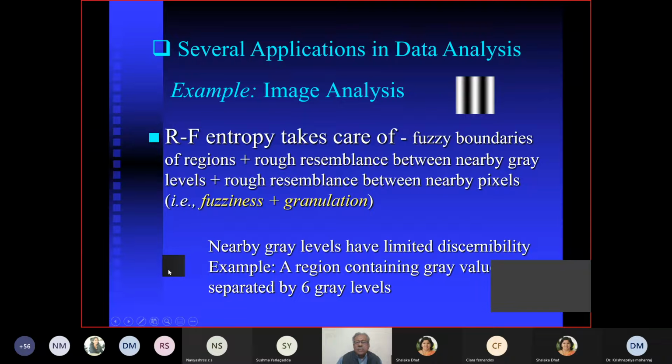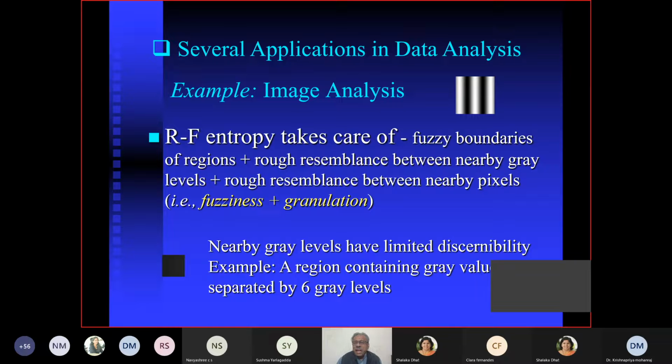Another nice example of showing roughness in an image: when you discretize an image, when you have sinusoidal information, that is responsible for fuzziness. Now, when you discretize the x-axis and y-axis in terms of 1 to m, 1 to n, and also you discretize the label L into 1 to L minus 1, that means you are incorporating granularity.